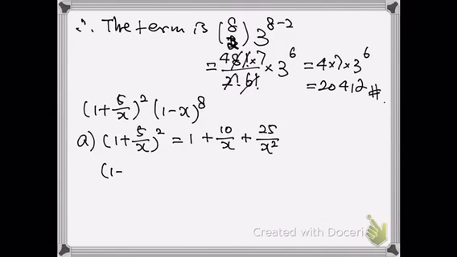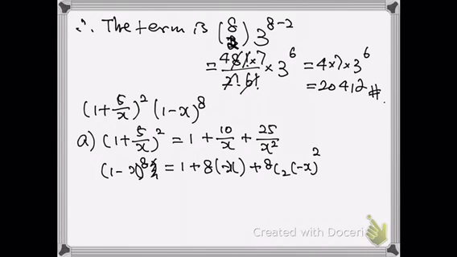Now (1 − x)^8. I'll write down the first one, 1, and then plus 8(−x), and then plus 8C2, we go to the square term now, so first term (−x)^2, and 8C3 (−x)^3.